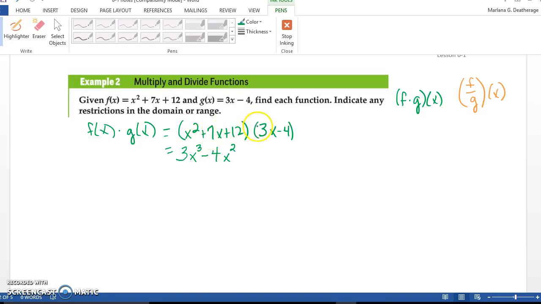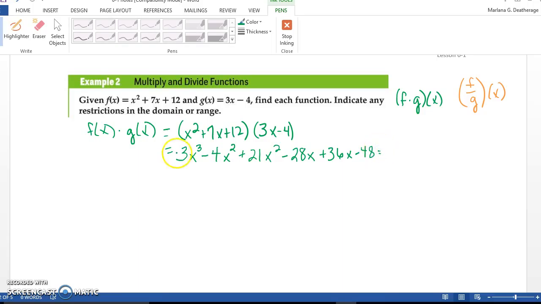I like to have the one with 2 terms in the front, but you don't have to. 7x times 3x is 21x squared. 7x times negative 4 is negative 28x. Now we're moving to the 12. 12 times 3x is 36x. 12 times negative 4 is negative 48.